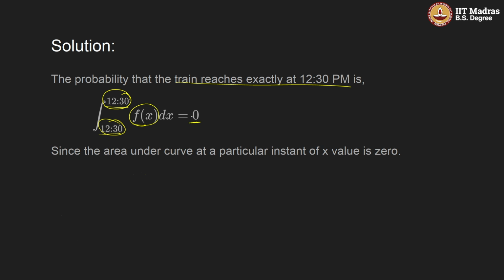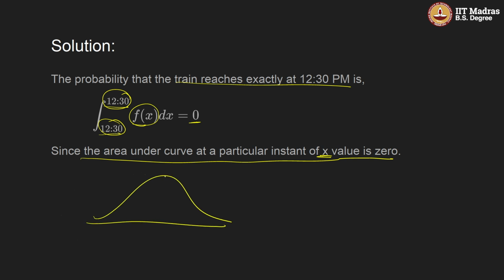Since the area under the curve at a particular instant of x is always 0, the value will be 0 only. Because if this is the continuous graph and we look at this particular point, this area will be 0 only, right?